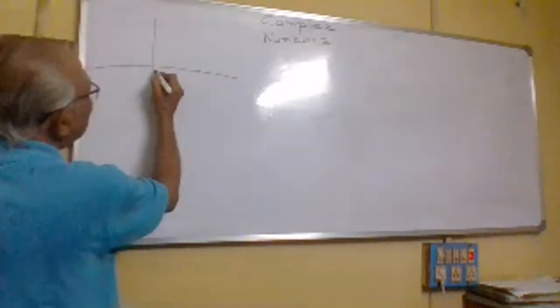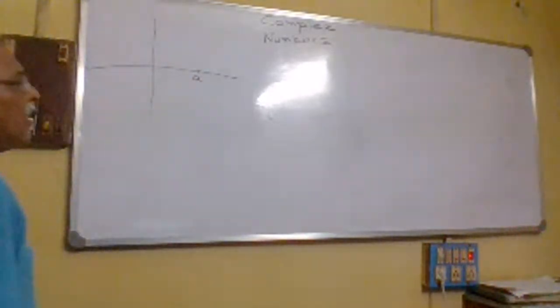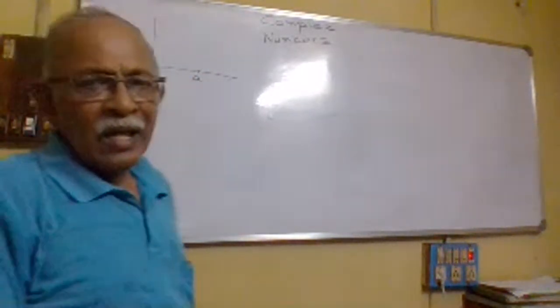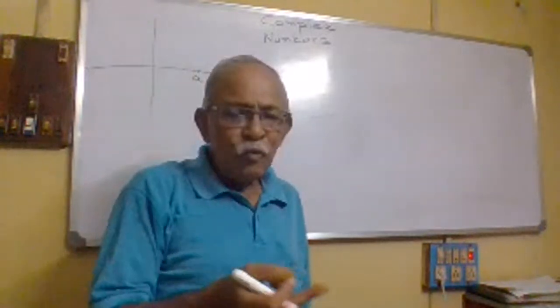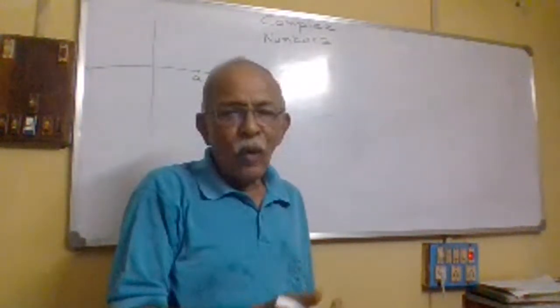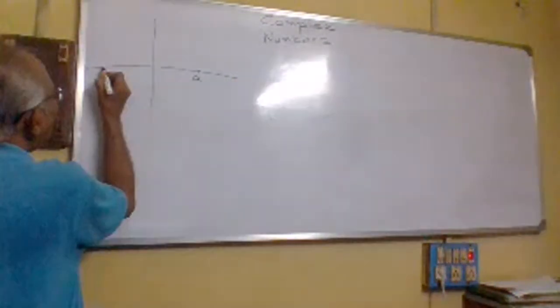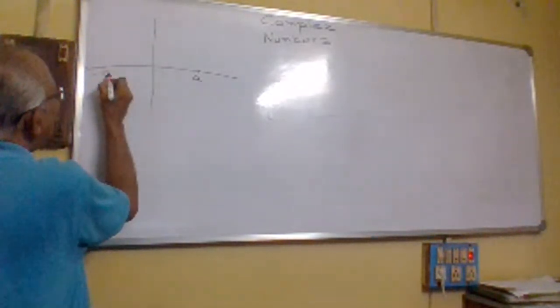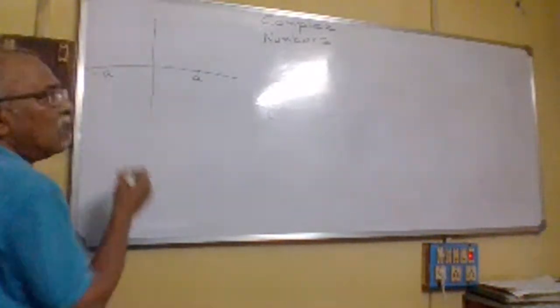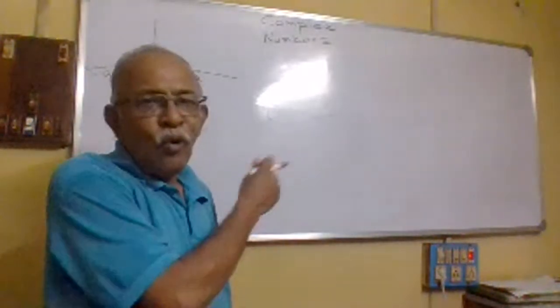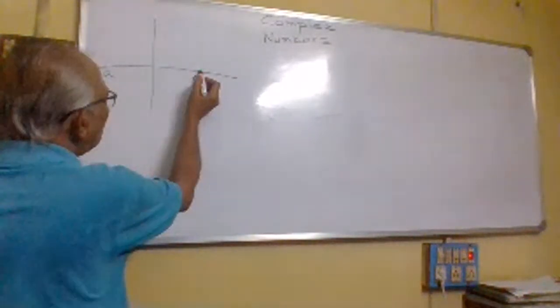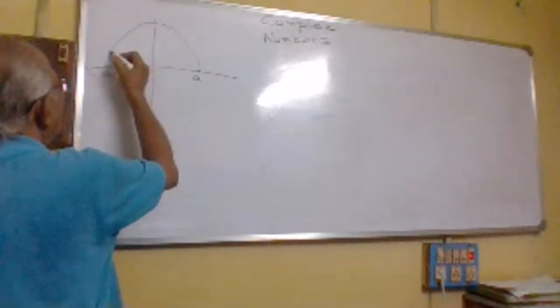Listen, suppose this is A. If we are turning it through 180 degrees, then it will come here, it will become minus A. Turning it through 180 degrees, A will reach here.